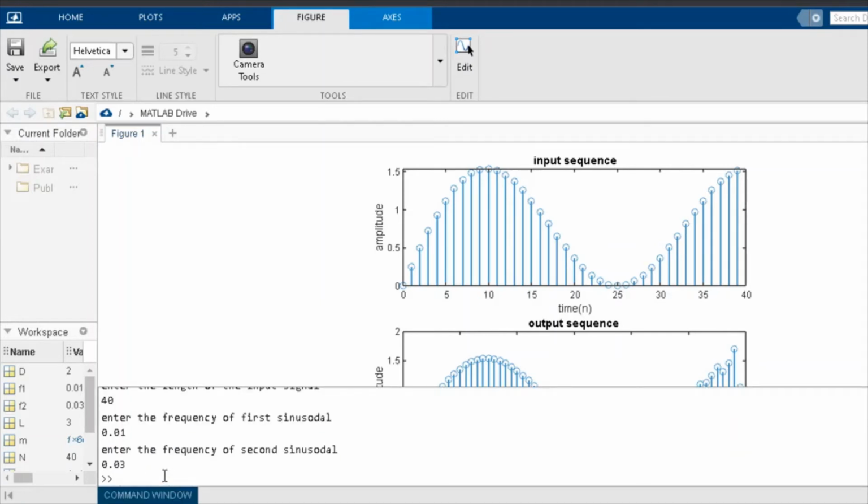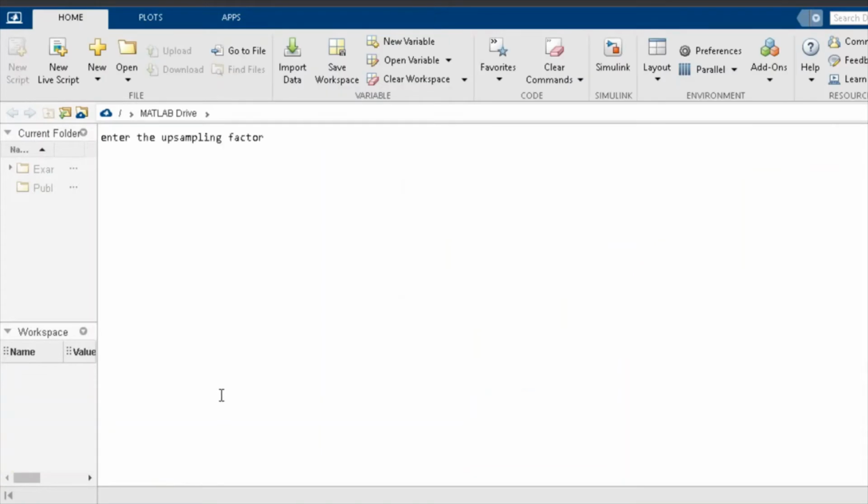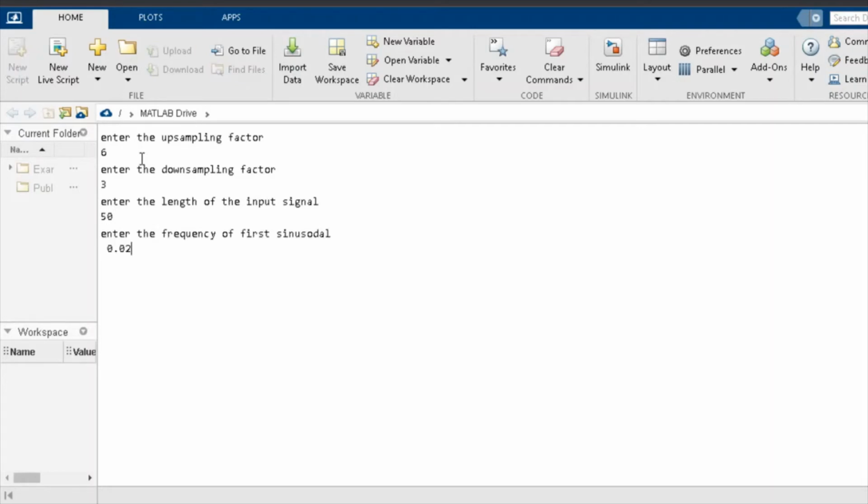Now let's try another one. This time we're going to have 6 as the upsampling factor, 3 as the downsampling factor, 50 for the length of the input signal, 0.02 for the frequency of the first sinusoidal, and 0.05 for the frequency of the second sinusoidal.